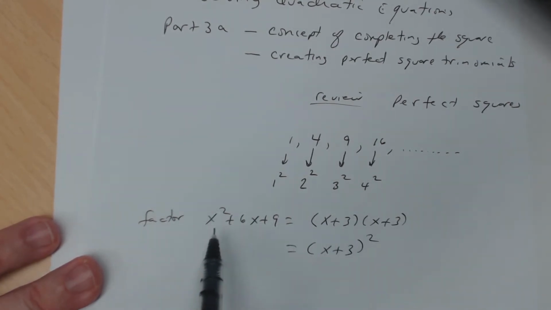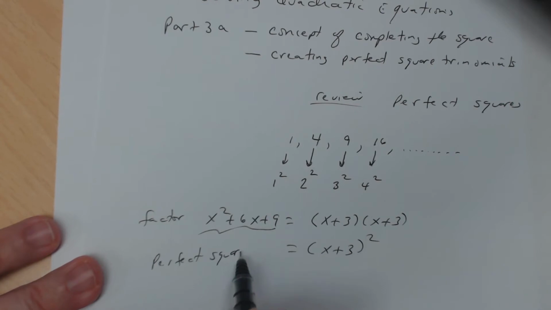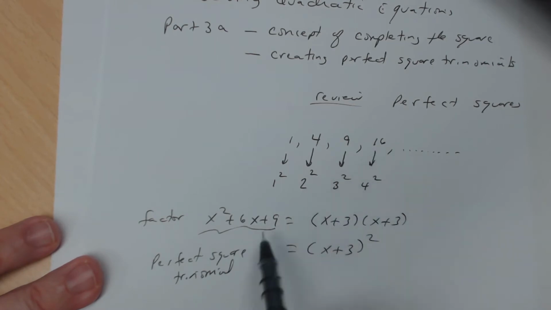So this trinomial right here was called a perfect square trinomial, just like these are called perfect squares. This would be called a perfect square trinomial because I can write this trinomial as an expression squared, as something squared.